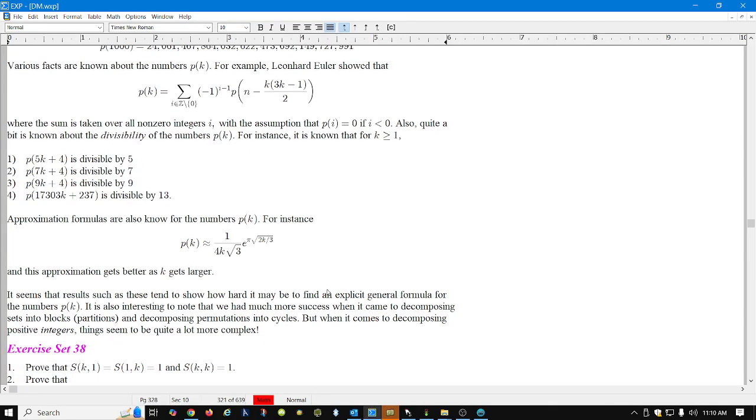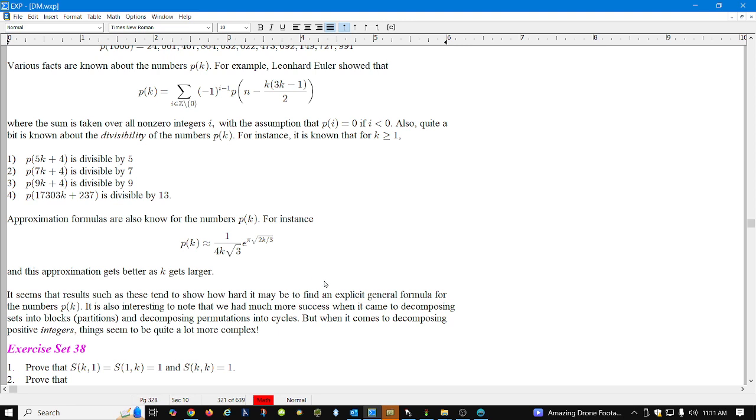I think all this shows that we have a long way to go in understanding partitions of an integer. So it's a bit curious that we can decompose sets into blocks and partitions of sets and permutations into cycles. But when it comes to decomposing an integer, a positive integer, we got a lot more to do.